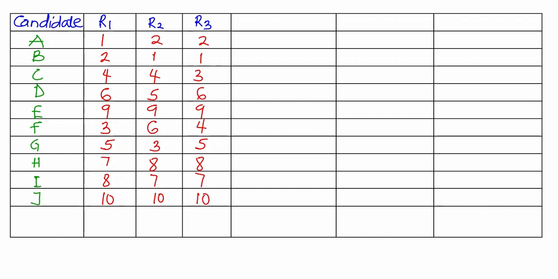Now we have this. So after getting the ranks, the next step is to find the difference and square. It means that you have to find the difference for examiner 1 and 2, taking into consideration their ranks, find the difference for examiner 1 and 3, and then square, find the difference for examiner 2 and 3 and square.